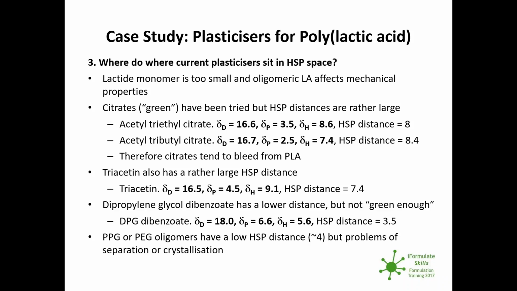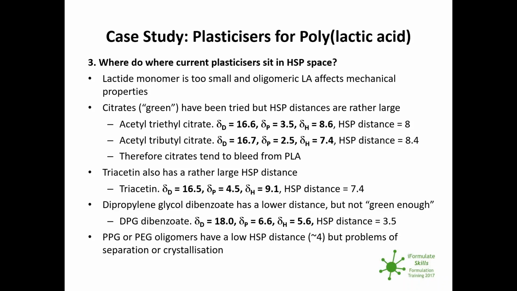Now, citrates are green and have been tried, but their HSP distances are rather large. So, for example, a couple of citrates with HSP distance of above 8, and for that reason they tend to bleed from PLA. And triacetin, another one tried, also has rather a large HSP distance.